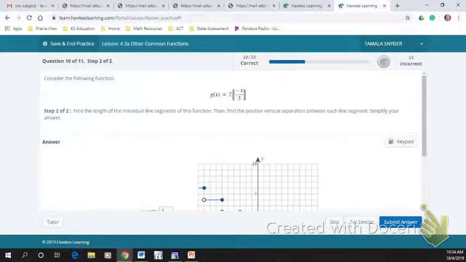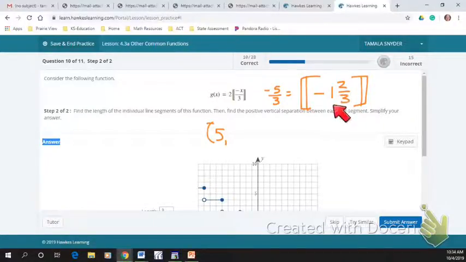So if I were to plug in the number 5, that would be -5/3, which is the same thing as -1 2/3, right? When I apply the step function to that, it gives me the largest integer below this number.